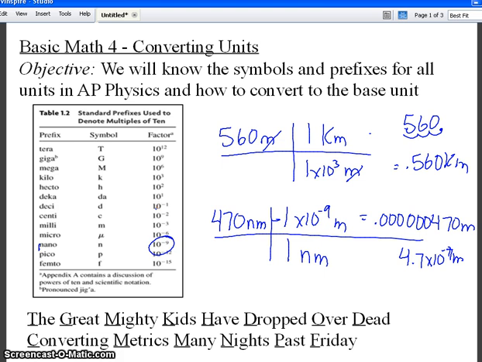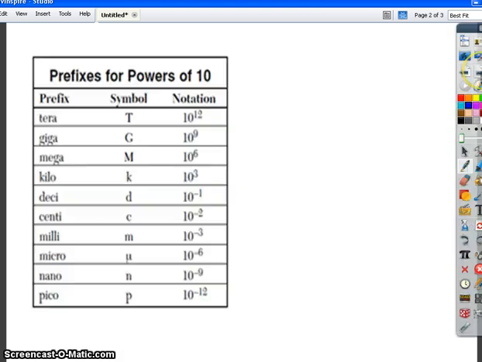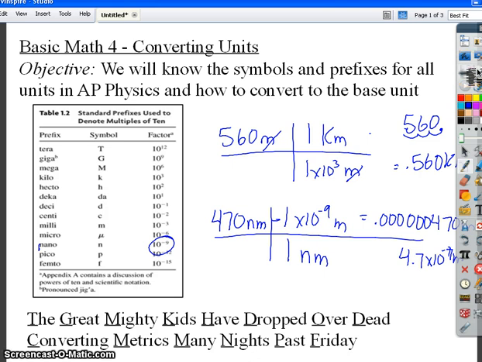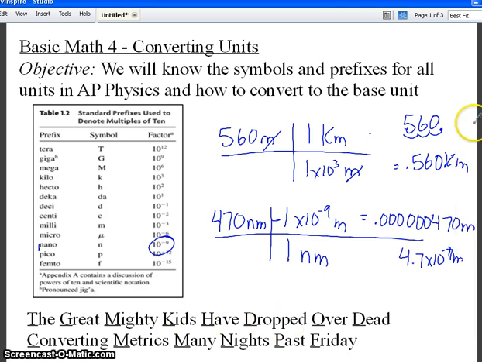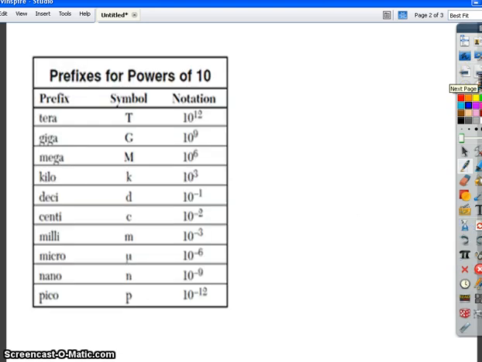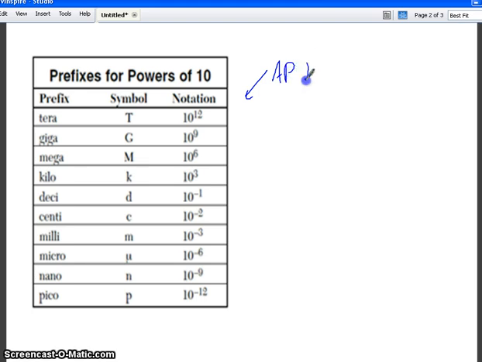And just for reference, this is my own personal chart that I like because I have this nice little saying down here and it has everything. But you will notice on this chart right here, these are the prefixes that you're going to see on the AP test. So they will actually give you these ones because these are the ones we use pretty much all the time.